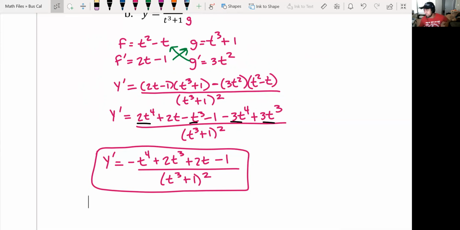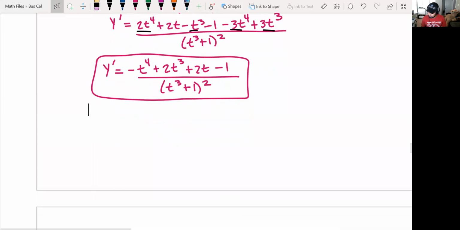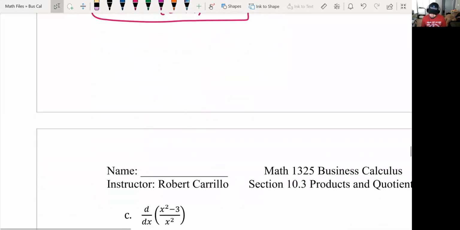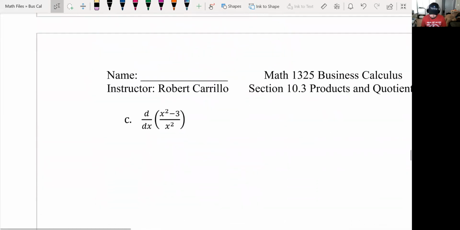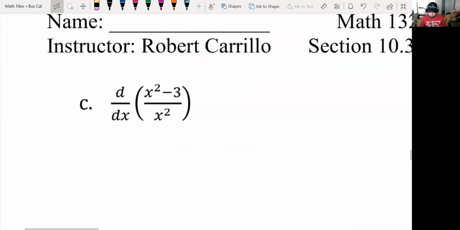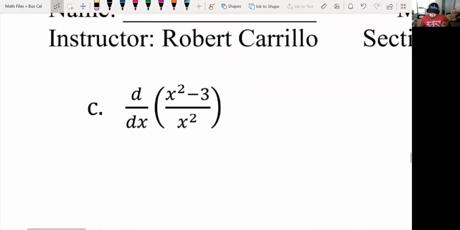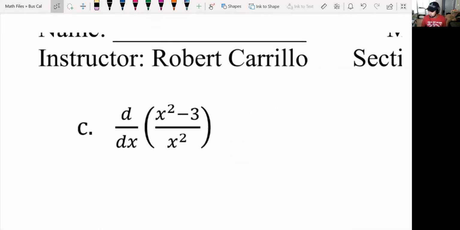That one had too many t's in it. I need to change that to x's or something. Okay, C. Quotient rule again.